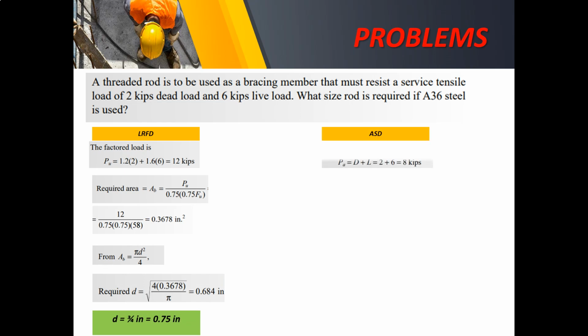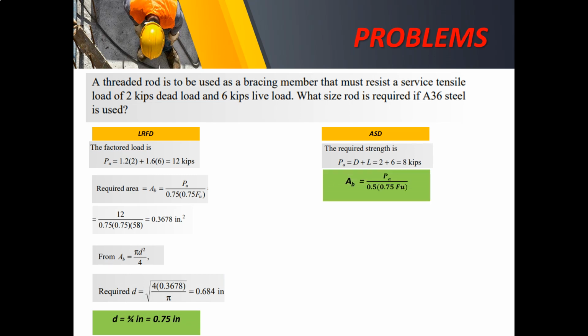For the ASD method, the variation here is the calculation of the allowable load. In here, we simply add those loadings. 2 plus 6 is equal to 8. That is the allowable load for ASD.